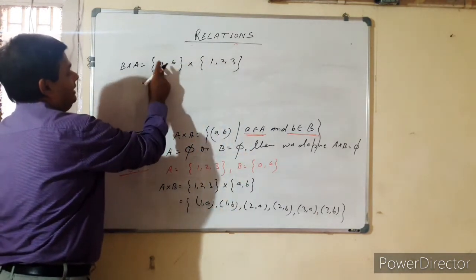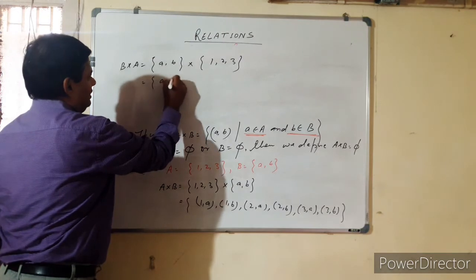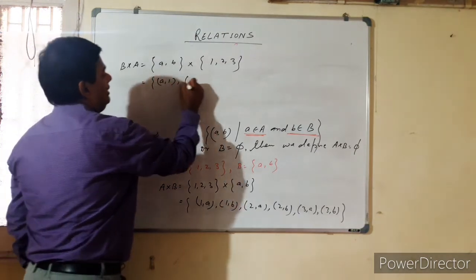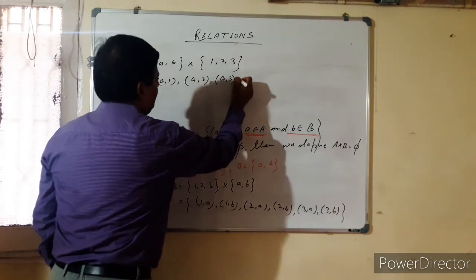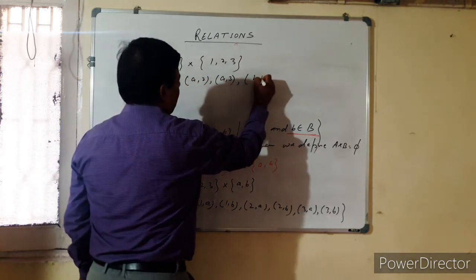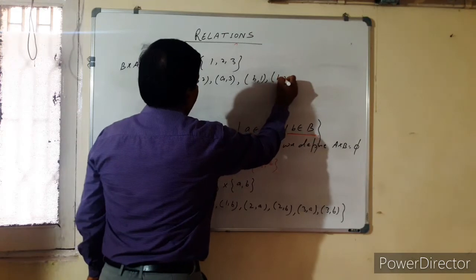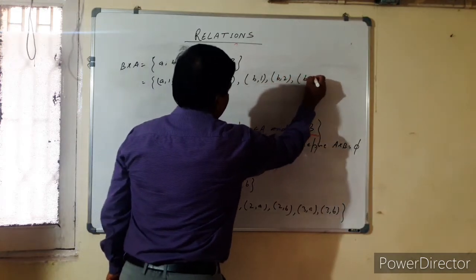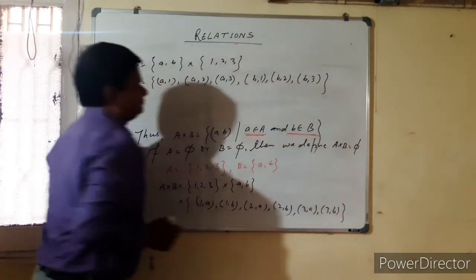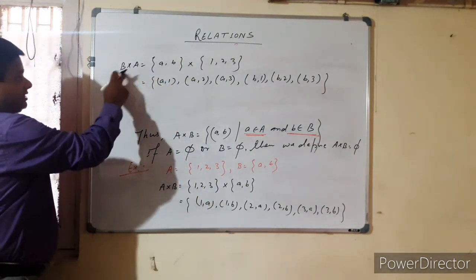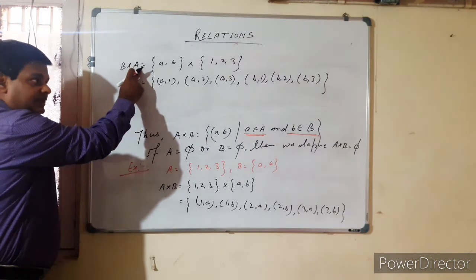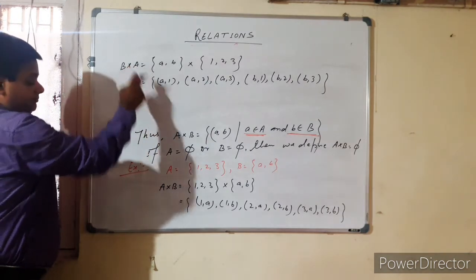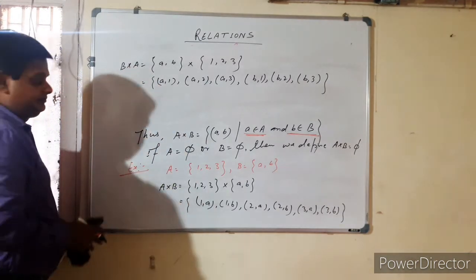Now we write (a, 1), (a, 2) and (a, 3), then (b, 1), (b, 2) and (b, 3). So this is A cross B and this is B cross A. So A cross B is not equal to B cross A.